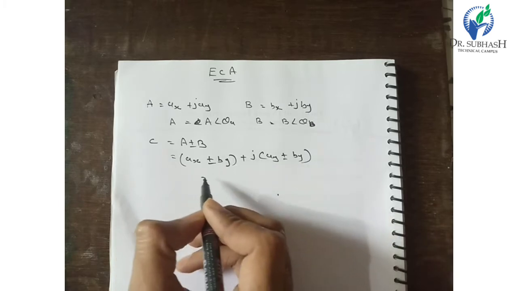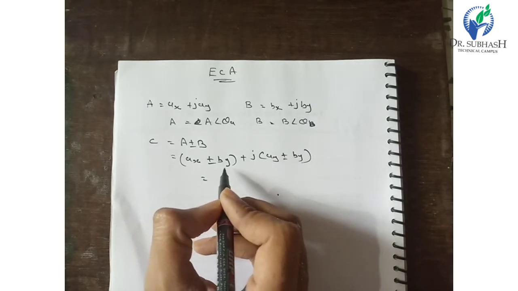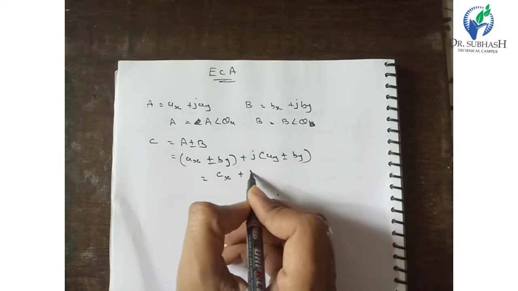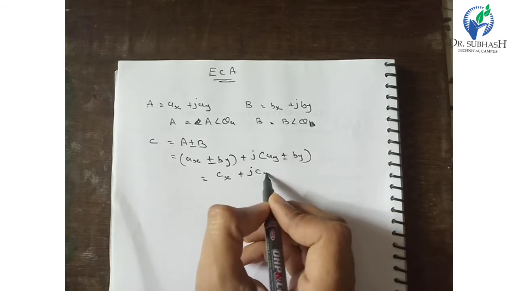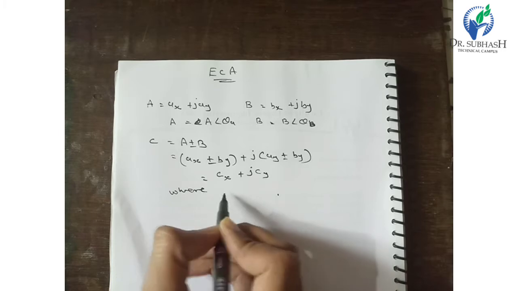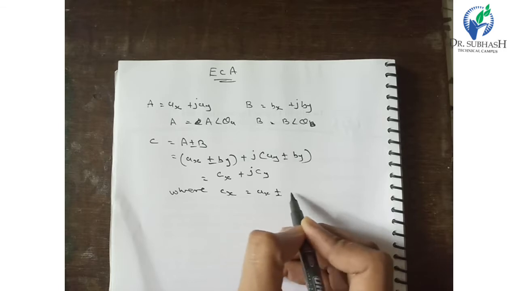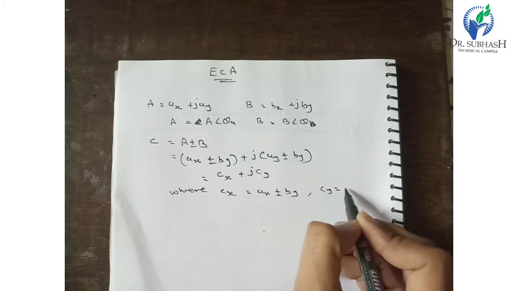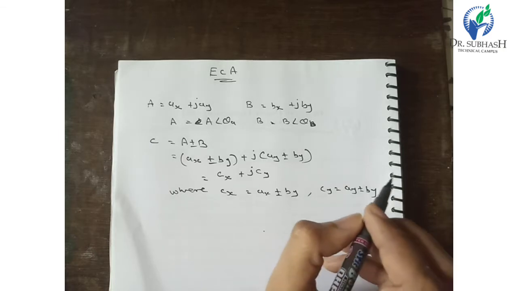For the output, we write ax plus or minus bx in the common form cx, and ay plus or minus by in the common form cy. So we can write cx is equal to ax plus or minus bx, and cy is equal to ay plus or minus by.